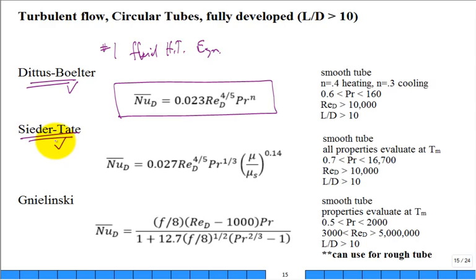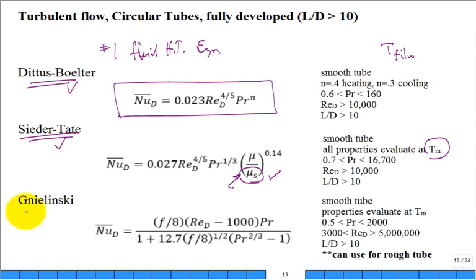You can tell for the Sieder-Tate, you see this mu subscript S. That's a red flag saying they're going to make it simpler to evaluate the fluid properties, not at some appropriate film temperature, but at some appropriate mean temperature of the fluid, and then account for the wall surface temperature through this property mu sub S. That's evaluating the fluid at the wall surface temperature.